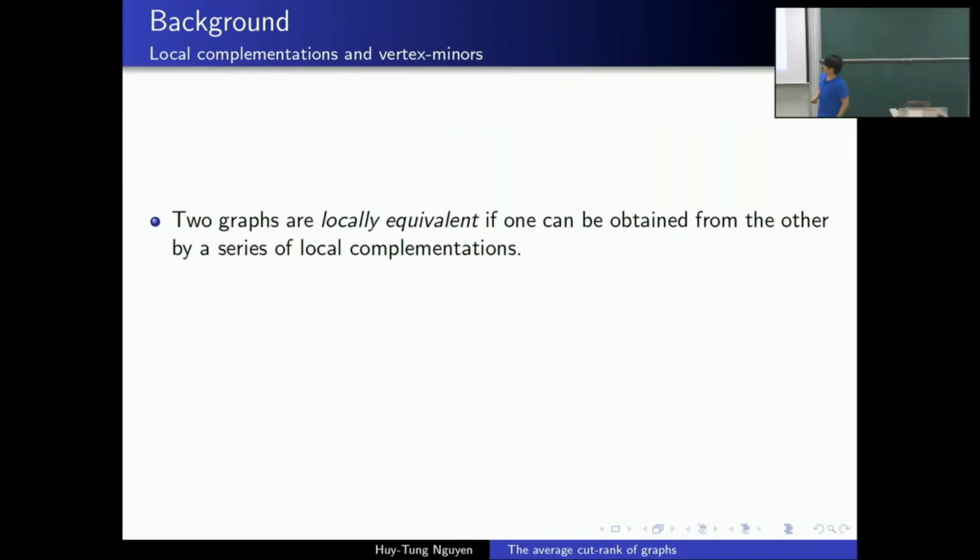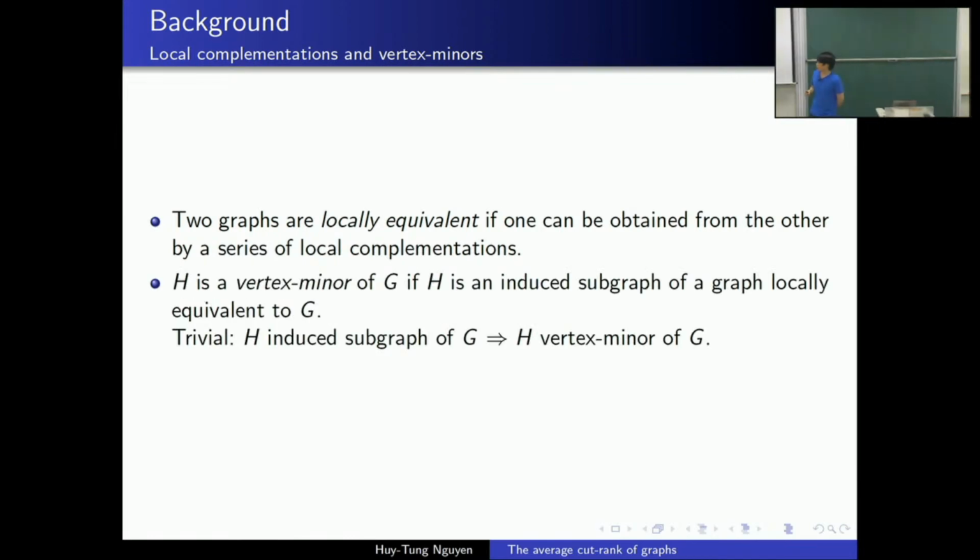Two graphs are locally equivalent if one can be obtained from the other by a series of local complementations. We say H is a vertex-minor of G if H is an induced subgraph of a graph locally equivalent to G. You can also say that H is a vertex-minor of G if H can be obtained from G by a series of local complementations and vertex deletions.